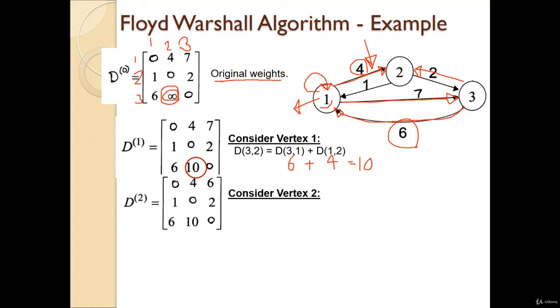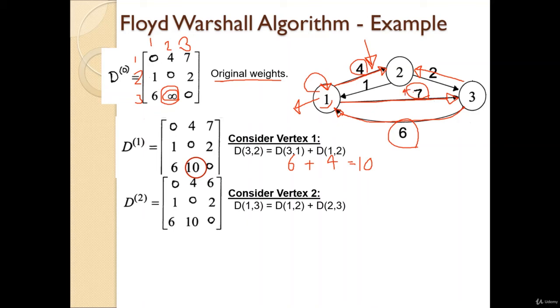Moving further, let's consider vertex 2, the second vertex. You will find the shortest path to travel from 1 to 3. Actually, it is given as 7, but is there any shorter path to travel from 1 to 3 which is less than 7?